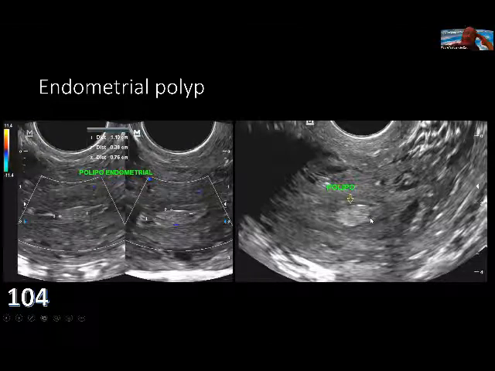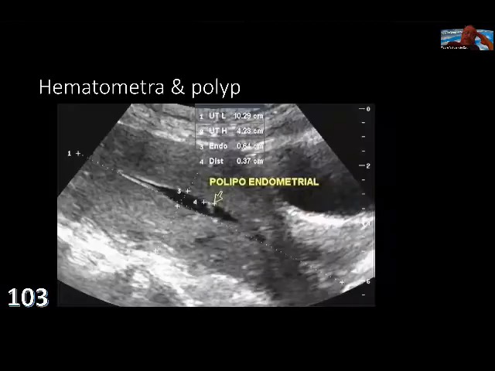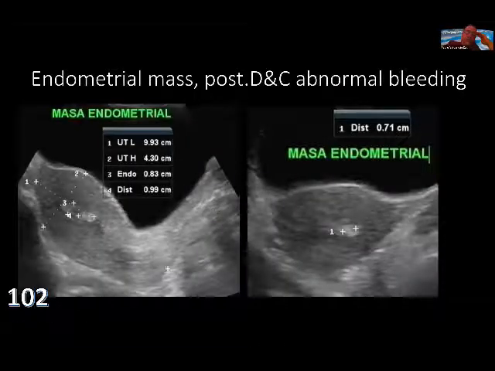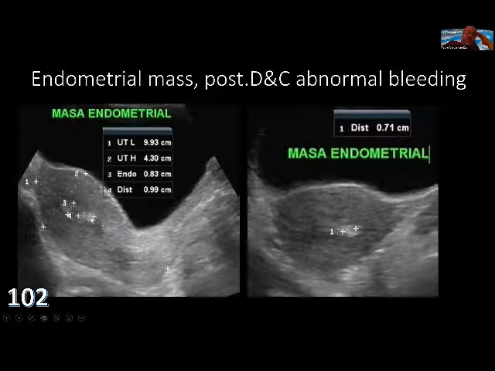The difference between a submucous fibroid and a polyp: you can actually tell that by ultrasound unless you have this, which is not a fibroid. But with this, you cannot tell if that's a small fibroid or a polyp.